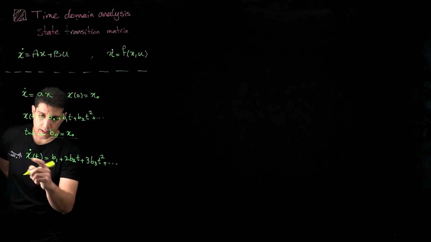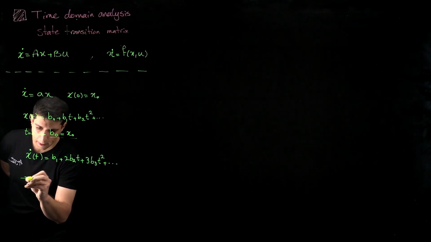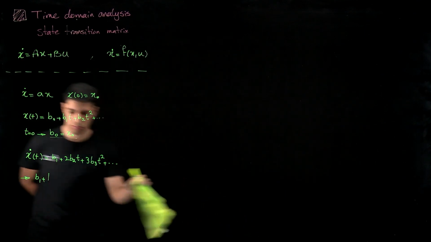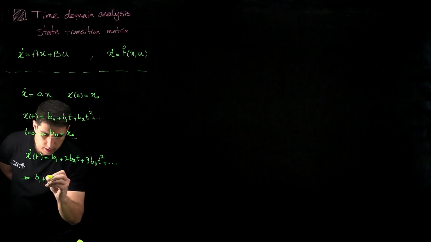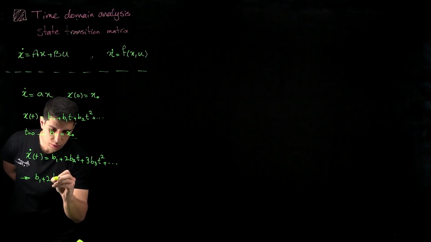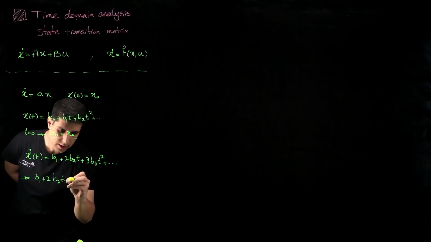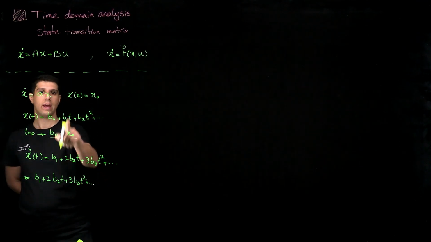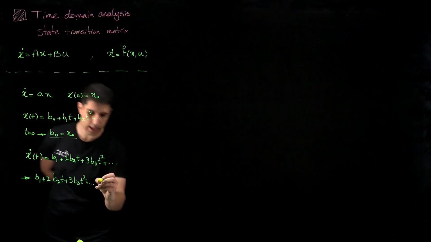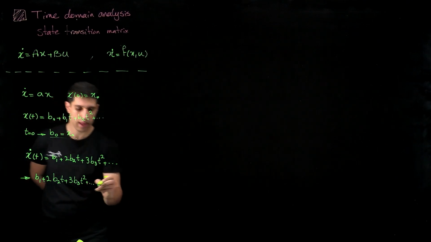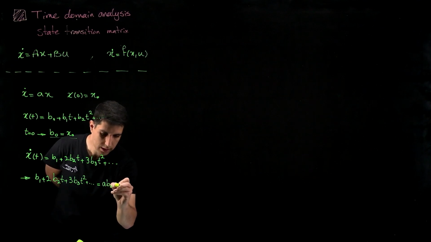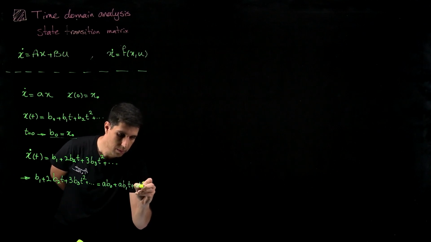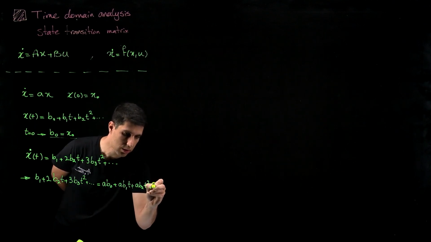So on the left hand side I have x dot. So b1 plus 2 b2 t plus 3 b3 t squared and so on equals a times that. So equals a b naught plus a b1 t plus a b2 t squared and so on.